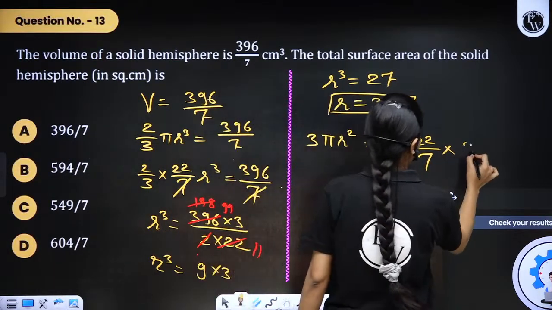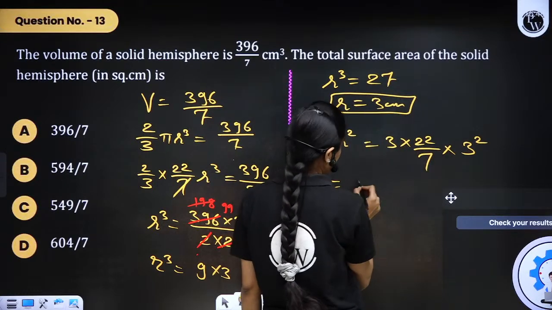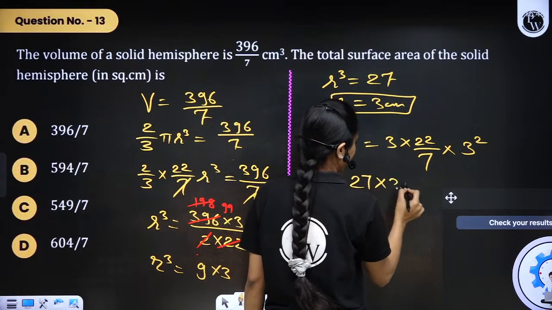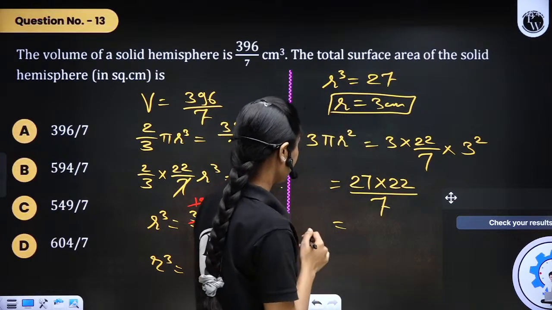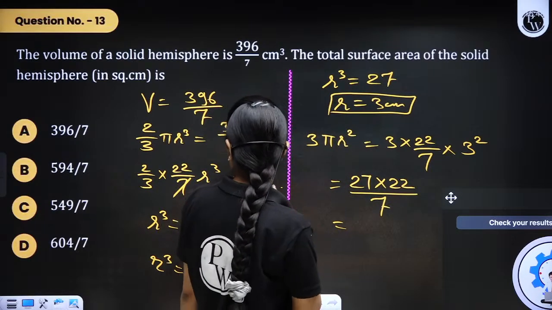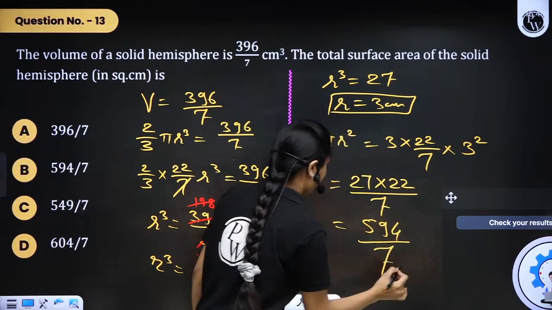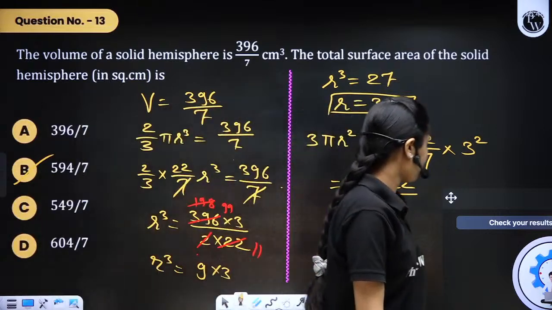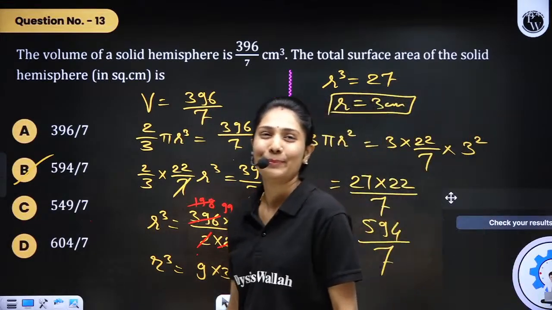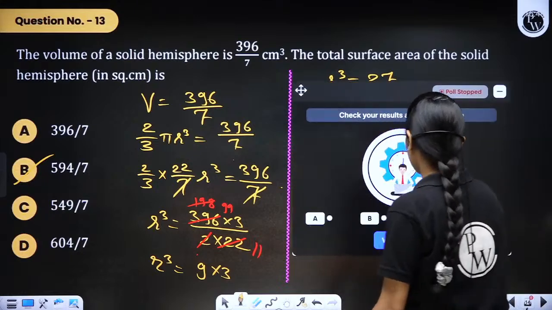So it's 3 square, which means 27 into 22 by 7. 594 by 7. Okay, option number B. 594 by 7. Option number B is the correct answer.